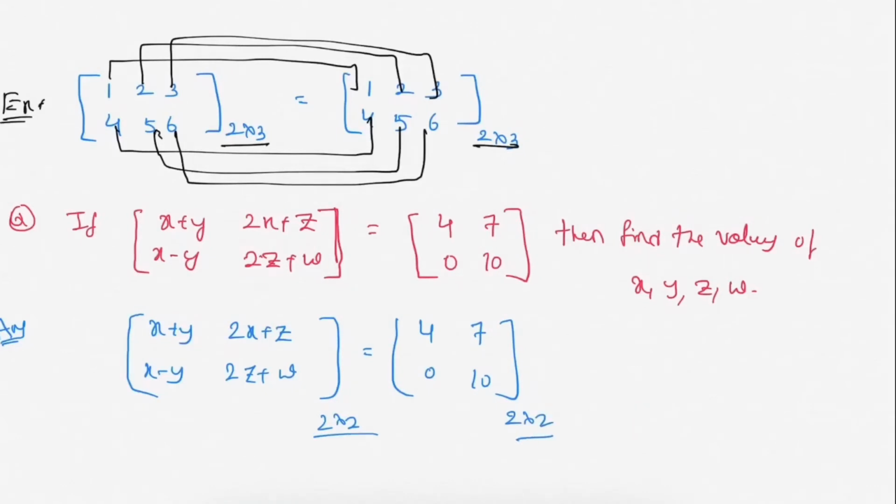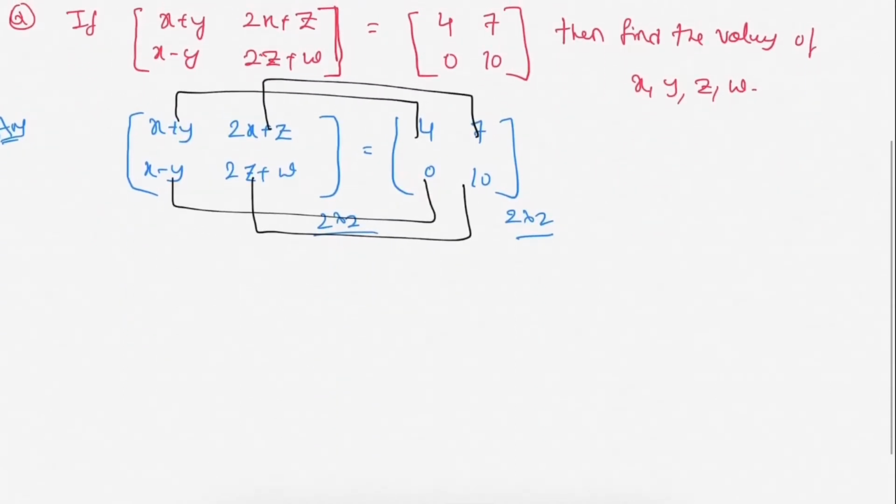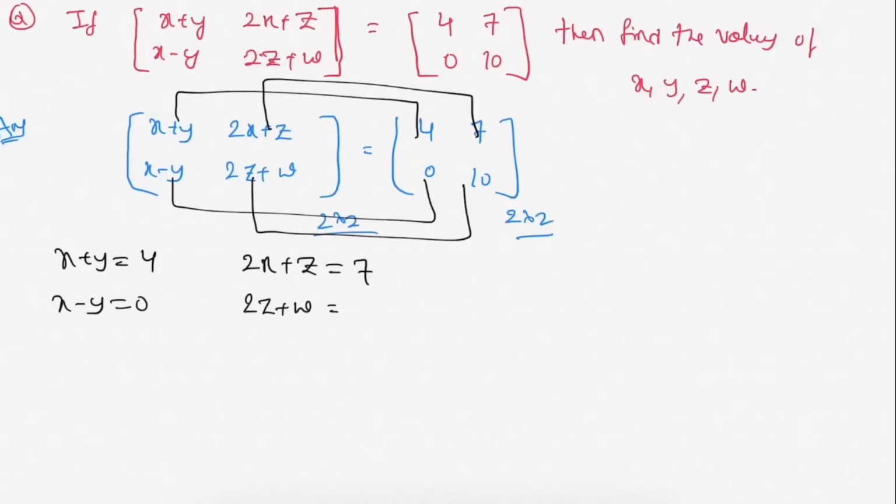Now make all corresponding elements equal. So x plus y equal to 4, 2x plus z equal to 7, x minus y equal to 0, 2z plus w equal to 10.